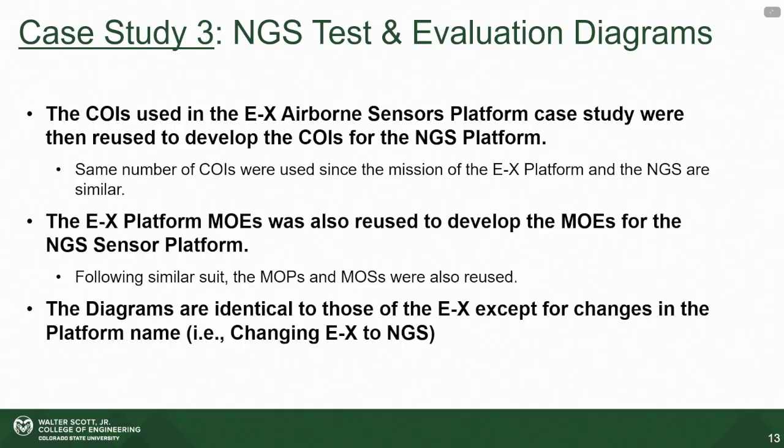So again, this system also reinforces the concept of reusability, going from one model to another model, and the ease of use when you go between models that are very, very similar to each other. It's really just a cut and paste type of process.